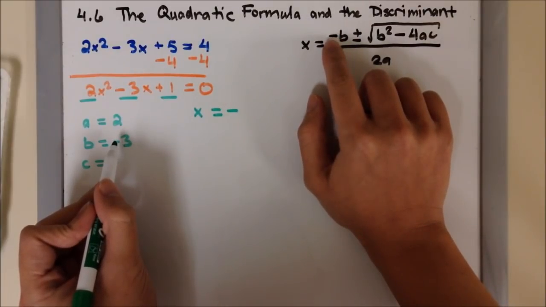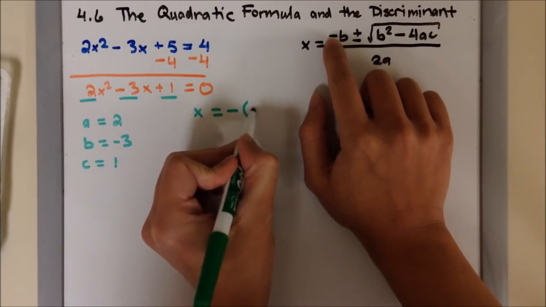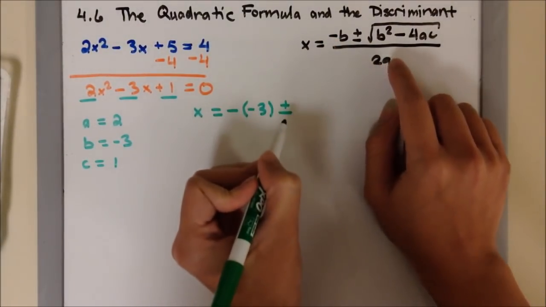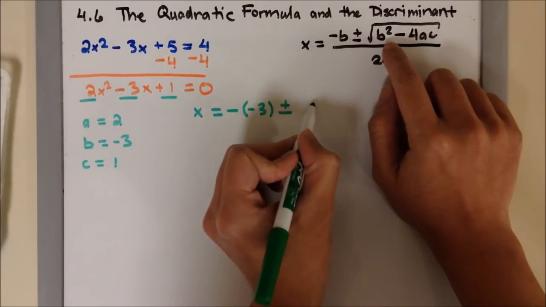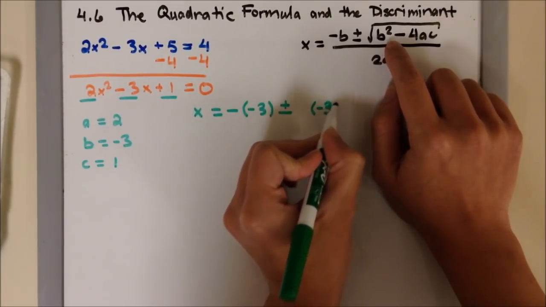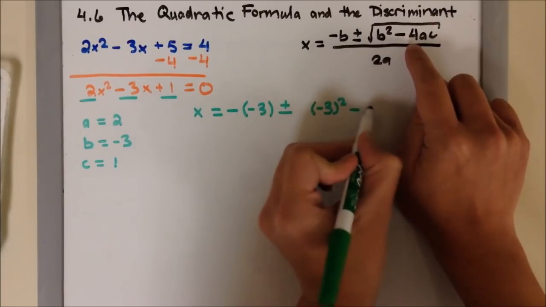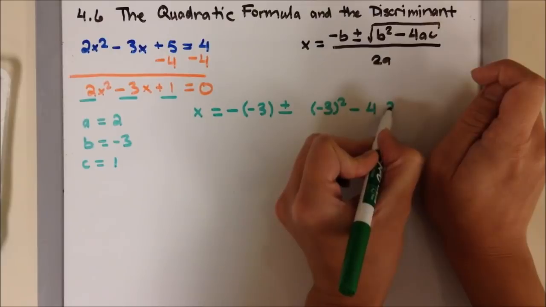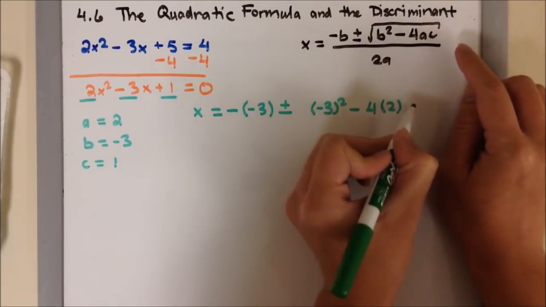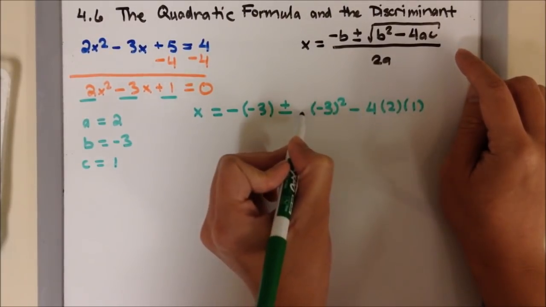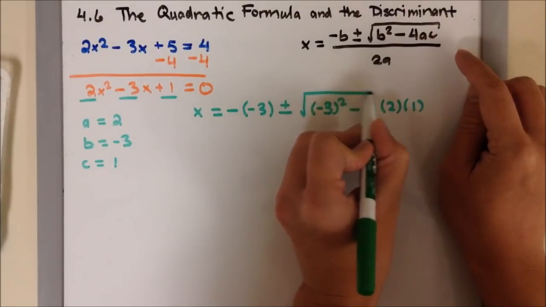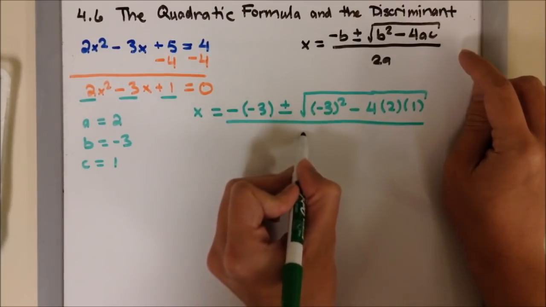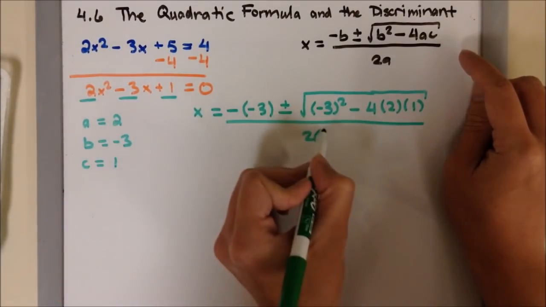Since I have a negative in the formula, I'm going to put parenthesis negative 3, close parenthesis, plus or minus. Then b squared, so I'm going to put in negative 3 squared, minus 4, my a is 2, and then my c is 1, while the whole thing is inside the square root, and divided by 2 times my a, which is also 2.